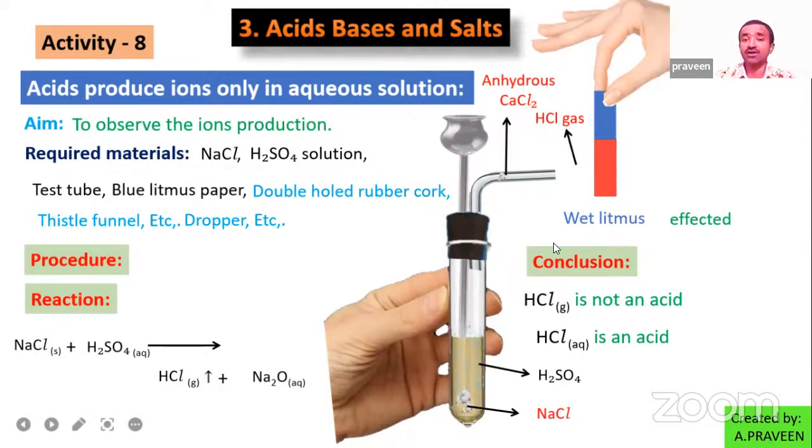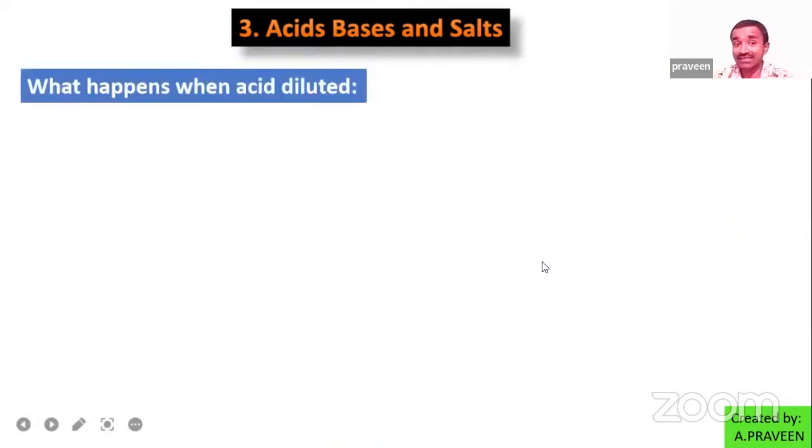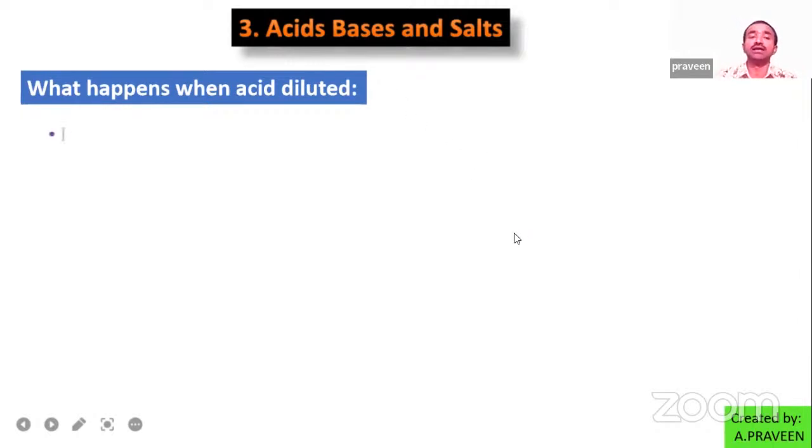Then again, we are going to observe one more thing. What happened when acid diluted? That means simply HCl and the blue litmus paper, wet condition. There is some interaction, reaction between them. So here, then we can say that ions are produced. How do you decide, sir?